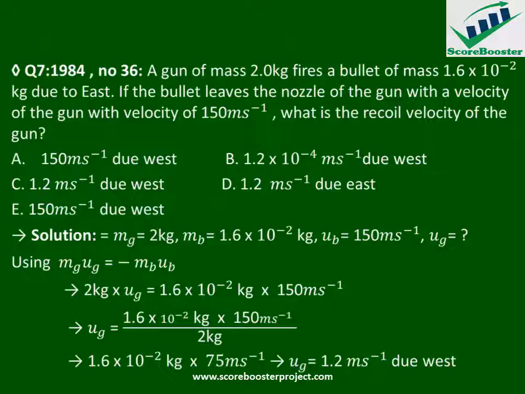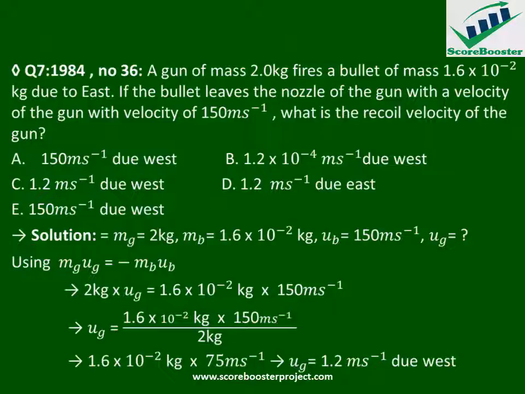So you can make ug the subject by dividing both sides by 2 kg, and that will give us ug equals 1.6 times 10 raised to power minus 2 kilogram times 150 meter per second divided by 2 kilogram. And of course, that will make our ug to be 1.2 meter per second due west, because it is going to be in opposite direction.